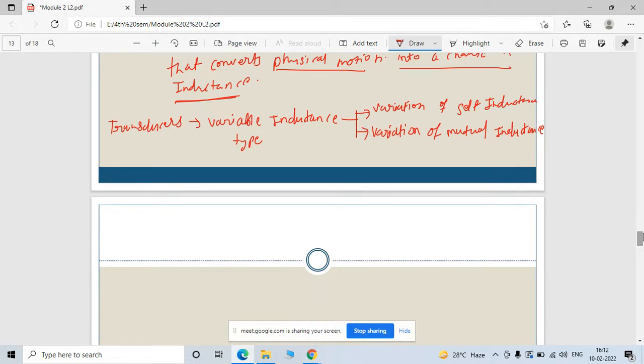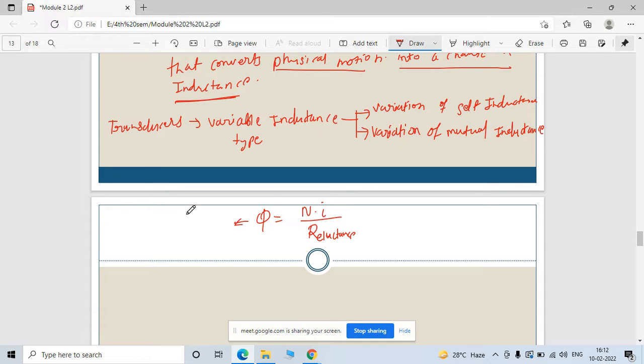When you see the configuration, the formula of psi, the flux, is nothing but N I divided by the reluctance, where N is the number of turns and I is the current flowing. This is the basic formula of your flux.